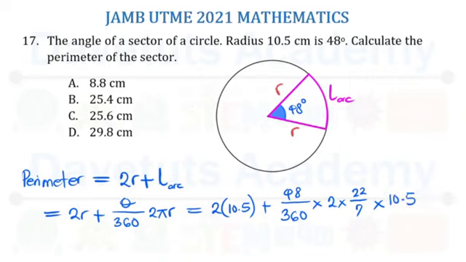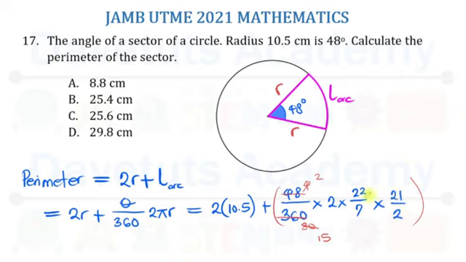So we can try and find a means of solving this out. 12 can go into 12 and 360, that will be 30. 2 can go here, 2 can go here, 15. 10.5 we can pick as 21 over 2.